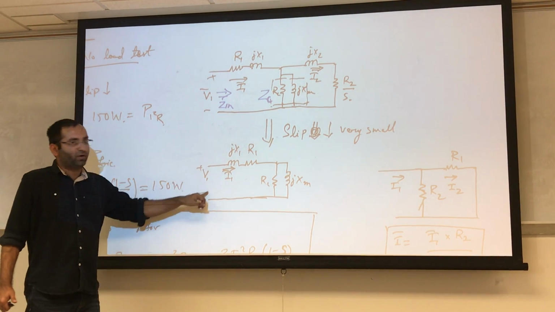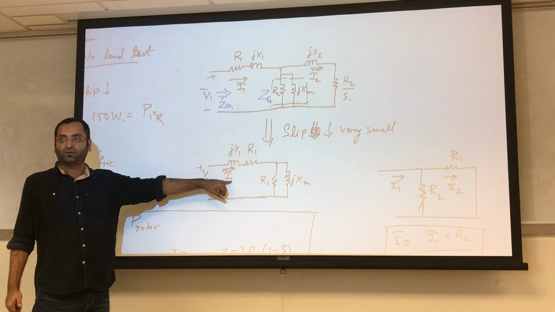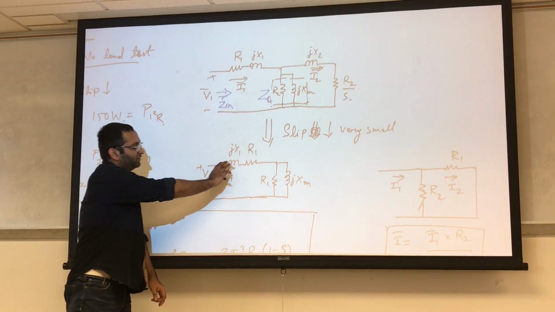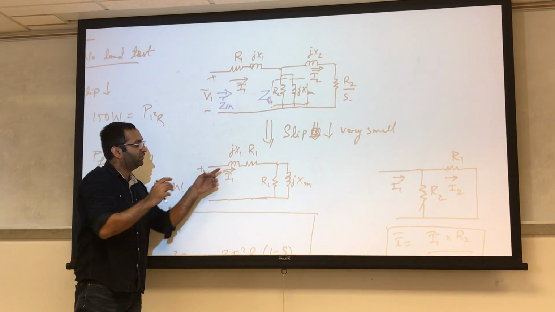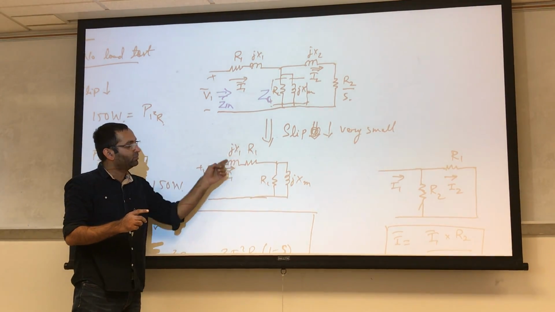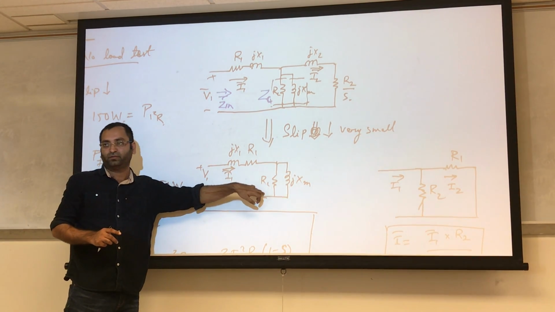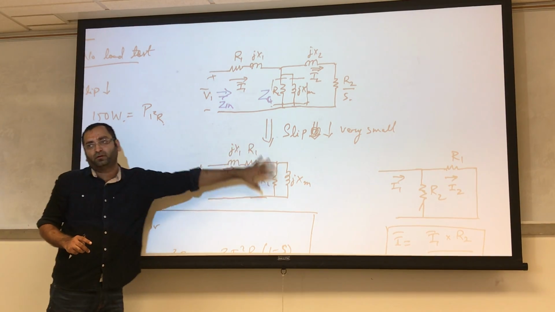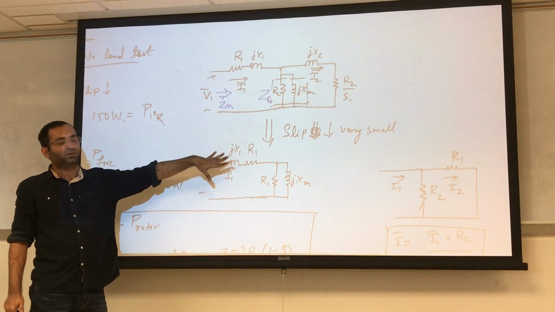So you know V1 is given in the question, so you have to find I1. Can you find it? So this part, everything is known. The equivalent Z is R1 plus JX1 plus this impedance. And then you have to find I1. So I1 is just V1 over the whole impedance you find.